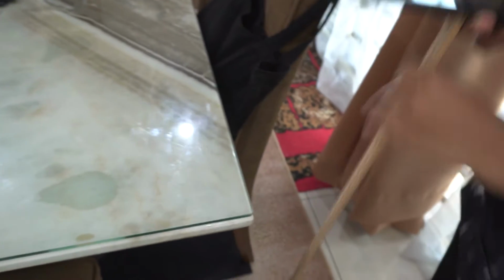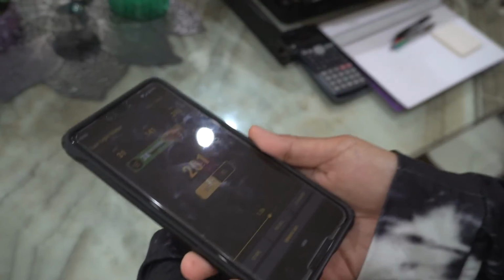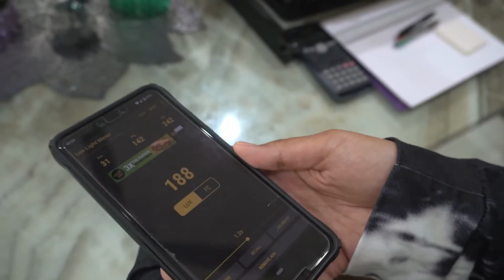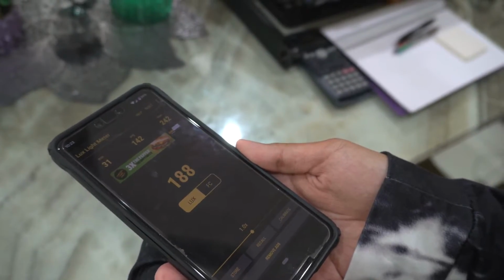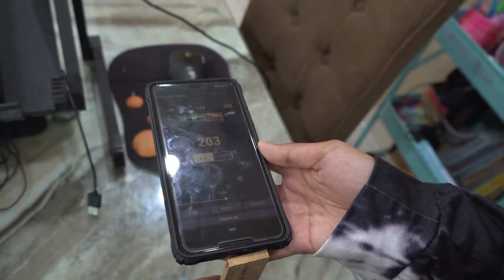And now for the second last point, which is point 5, it is 188 lux meter. And at the last one, which is point 6, it is 203 lux meter.